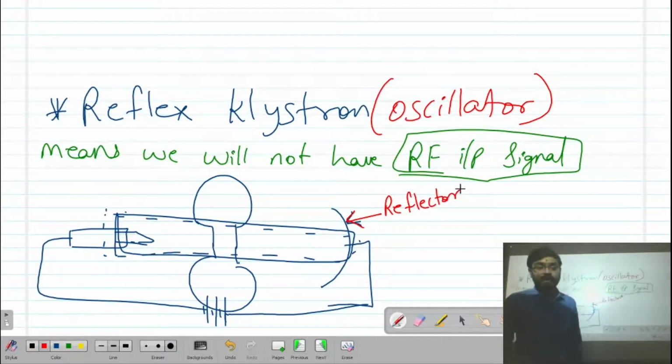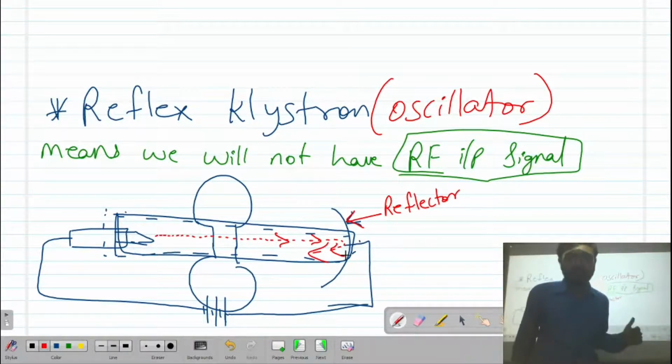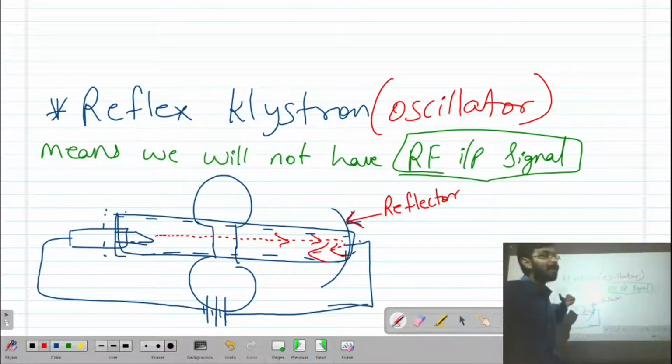You will have a reflector, which means the electrons coming from this point will reflect back. How are they reflected? They are reflected with respect to potential.